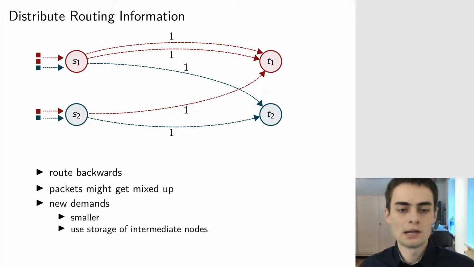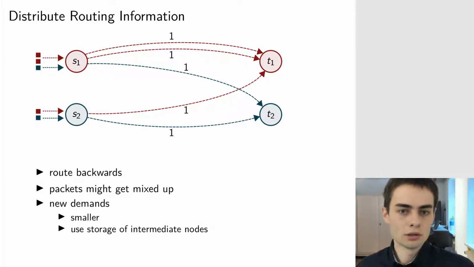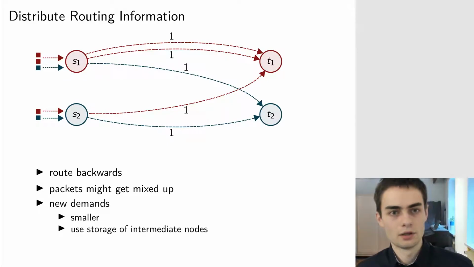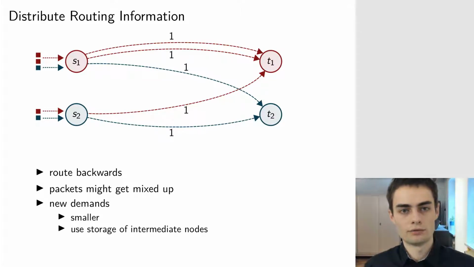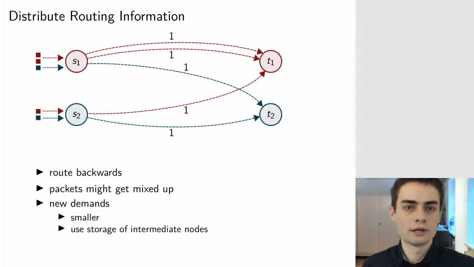And because the demands always get smaller, we are guaranteed to terminate after some number of iterations. And we can even guarantee that the number of iterations is small, that it's only polylogarithmic. So in total, we only need to implement a polylogarithmic number of single commodity flows, and then we get a good congestion, and the amount of routing information is also guaranteed to be small.